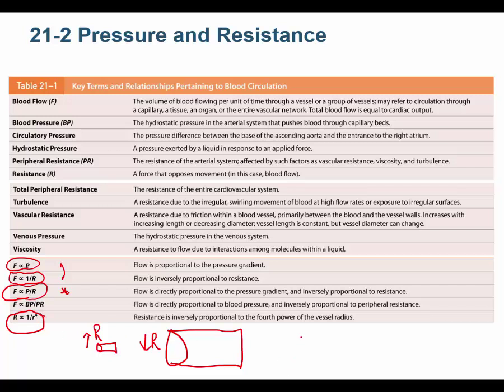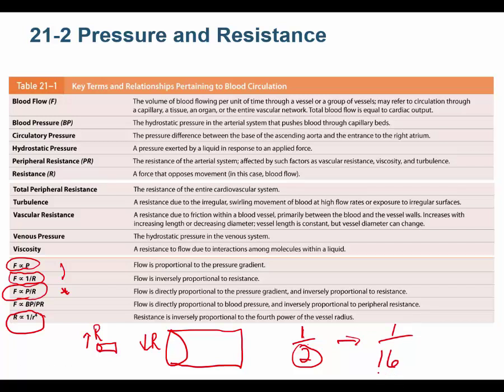And let me just say it for you like this. Let's say the radius is 2 millimeters, so my resistance is 1 over 2 to the 4th. If my radius of my lumen goes up, say, to 2 to the 4th, 2 times 2 is 4, times 2 is 8, times 2 is 16, it goes to 1 over 16.